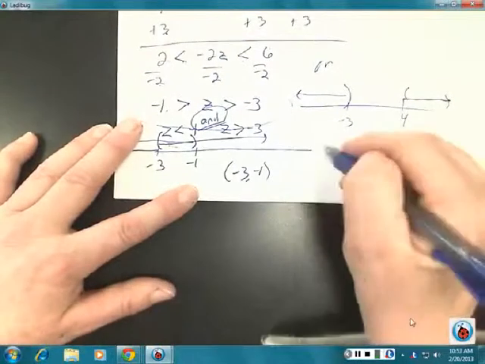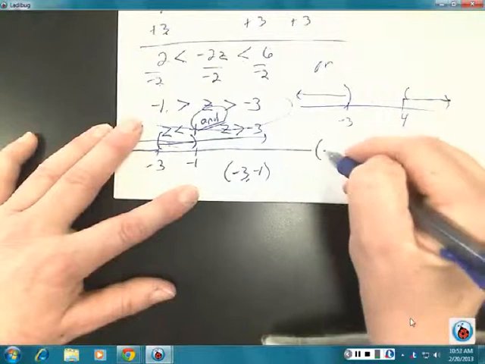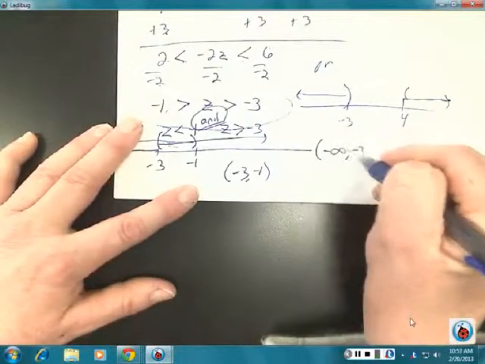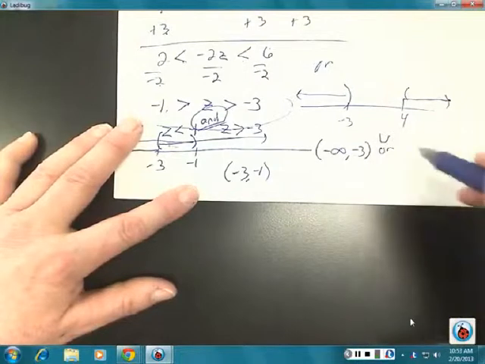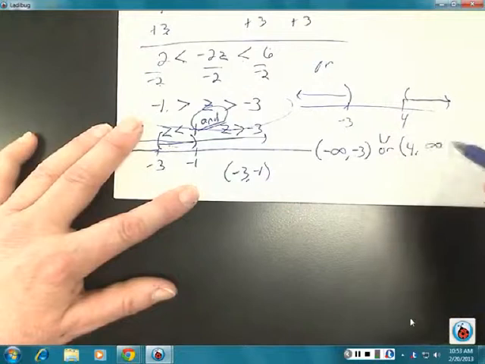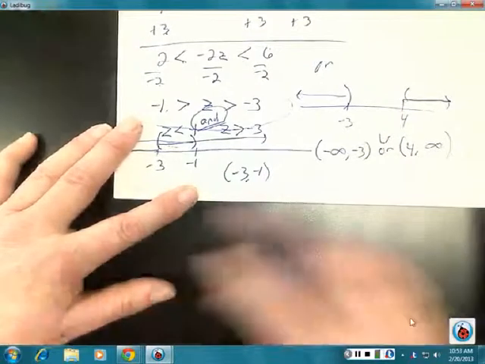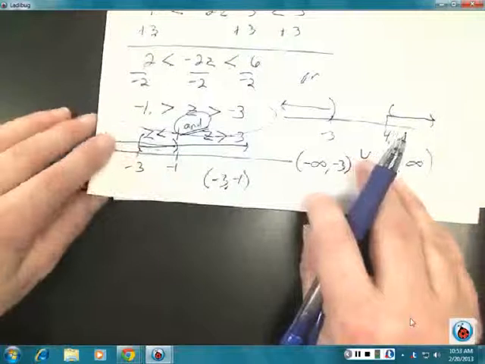So my intervals on this one would be parenthesis negative infinity to negative 3, or you'd put a union in there, whichever you happen to do, 4 to infinity. Okay? You think you got it? Or we need another one?